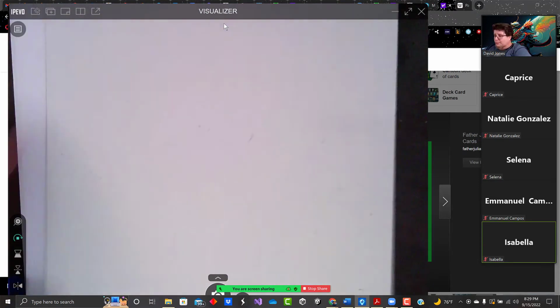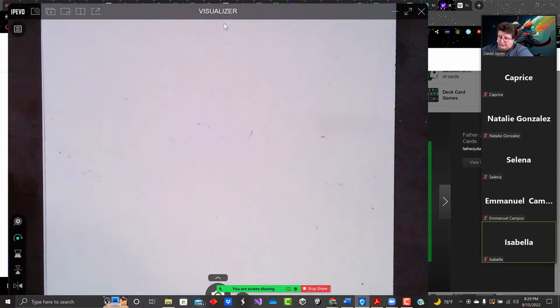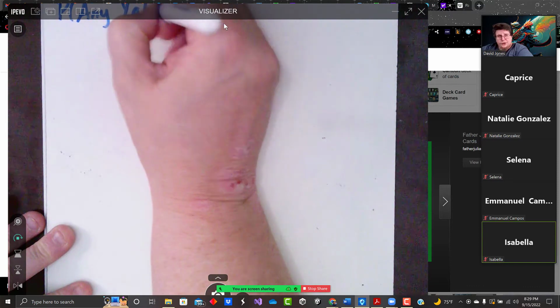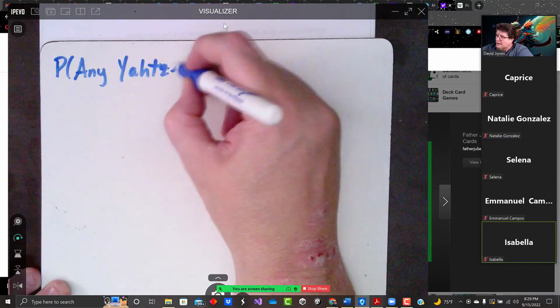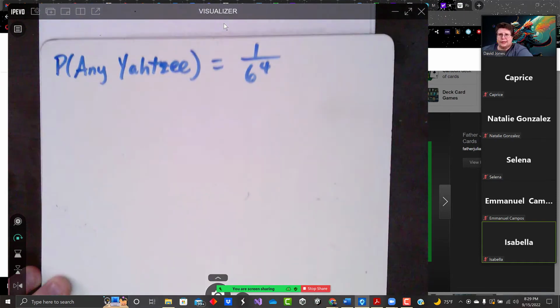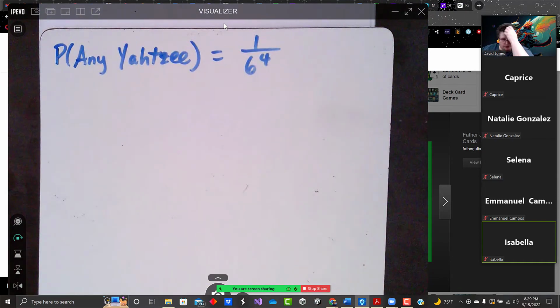Okay. So we said probability of any Yahtzee, I just showed, I'm off screen, was 1 over 6 to the 4th. And we did it by doing the full Yahtzee version, figuring out there were 6 different Yahtzees, doing all the dice.